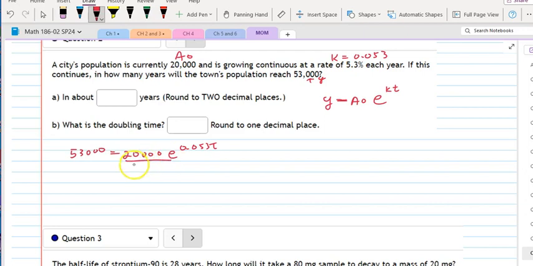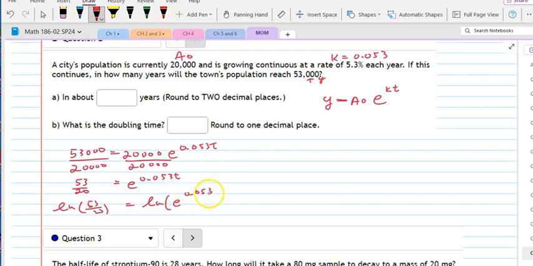Clean up the 20,000: 53 over 20 equal to e^(0.053t). So take ln, because we have base e: ln of 53 over 20 equal to ln of e^(0.053t). Because this is in the exponent, we can move it out.